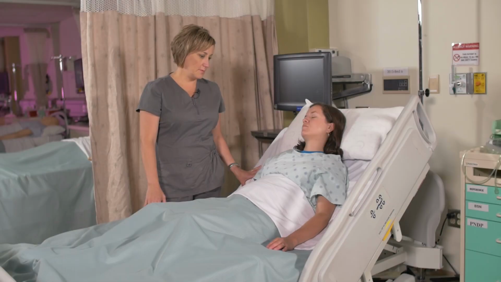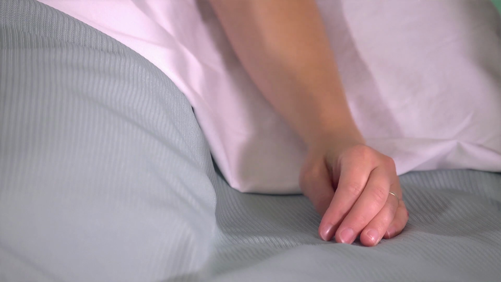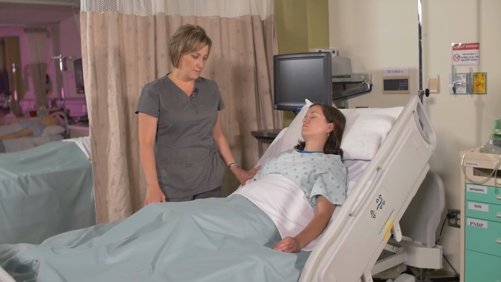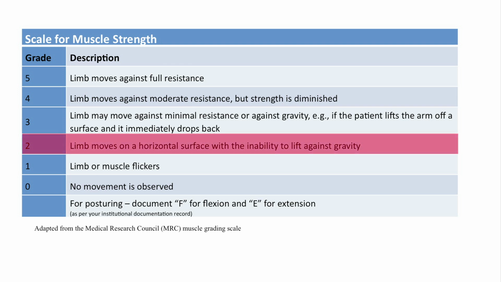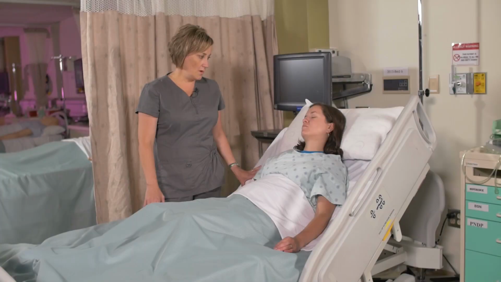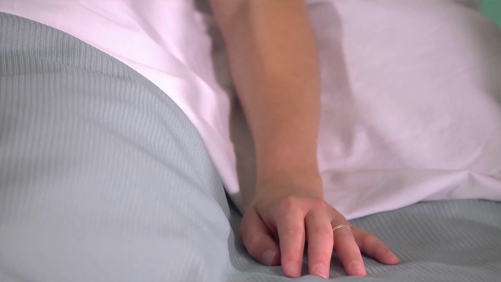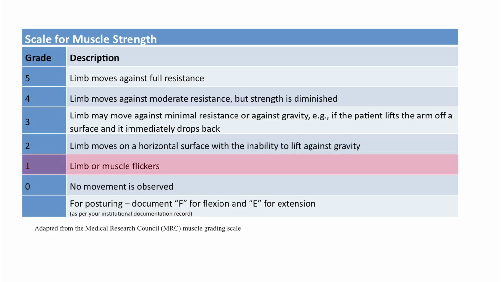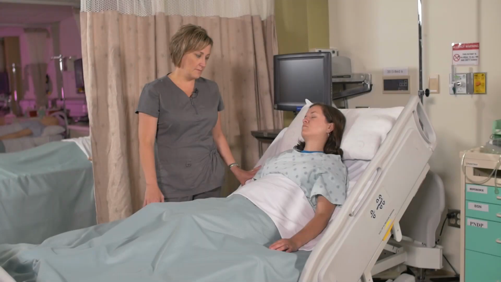Grade 2. Limb moves on a horizontal surface with the inability to lift against gravity. Grade 1. The limb or the muscle flickers. Grade 0. No movement is observed.